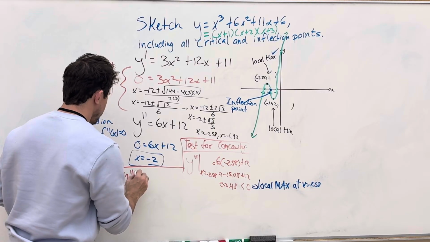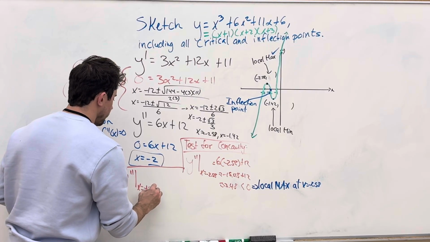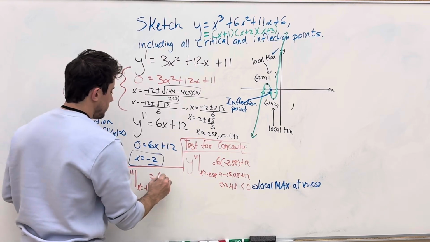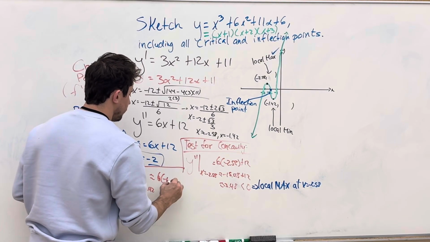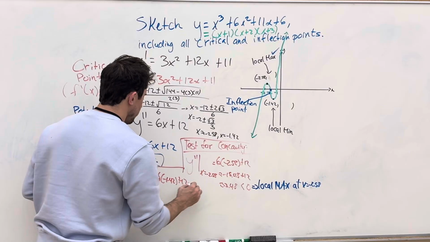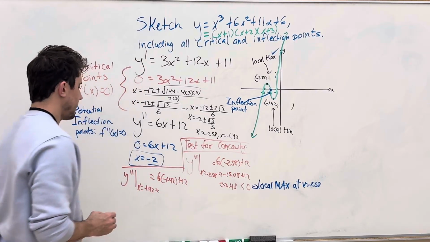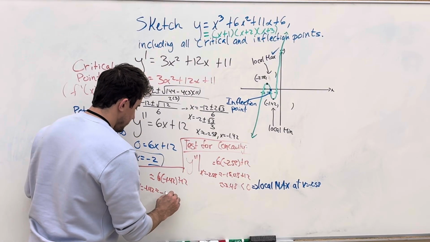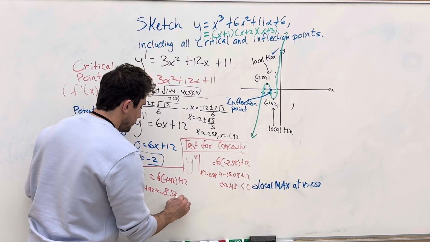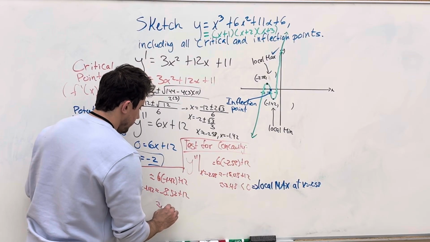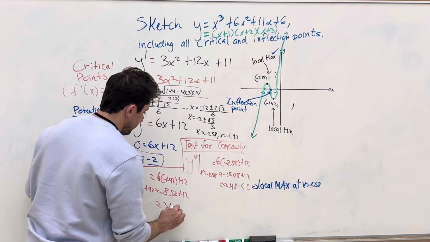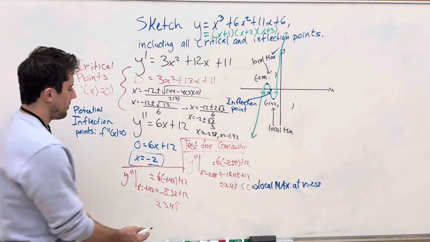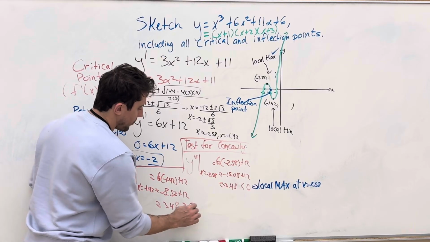Y double prime when x is negative 1.42 is roughly 6 times negative 1.42 plus 12, which is roughly, what is that? That is negative 8.52 plus 12, which is roughly positive 3.48. Not a coincidence. And so that is obviously a positive value.